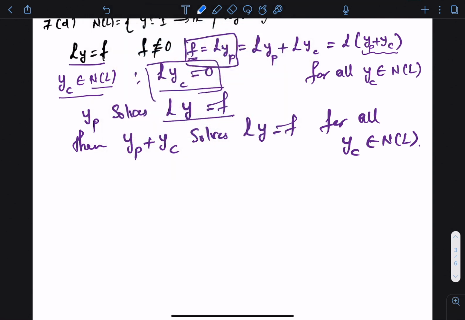Right? It's as many as whatever number of elements you have here, because for every choice of element from the set, you have a solution.